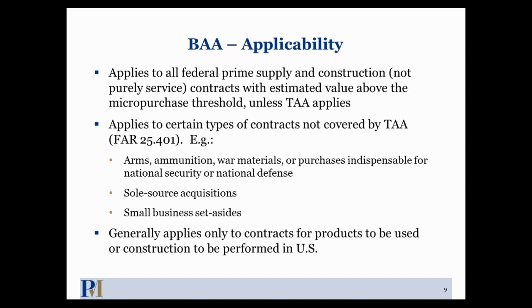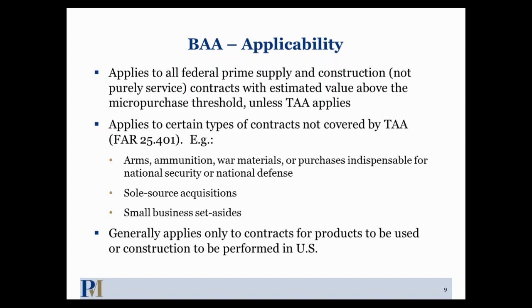I think they can do that by a class deviation, but I don't believe it's been done yet. So by FAR at this moment, micro purchase is 3,500. By statute, it's 10,000. Below that amount, below the micro purchase, no BAA. Above the micro purchase, BAA applies unless the TAA applies. So as we move forward into the TAA, that'll start to make a little more sense, I hope.